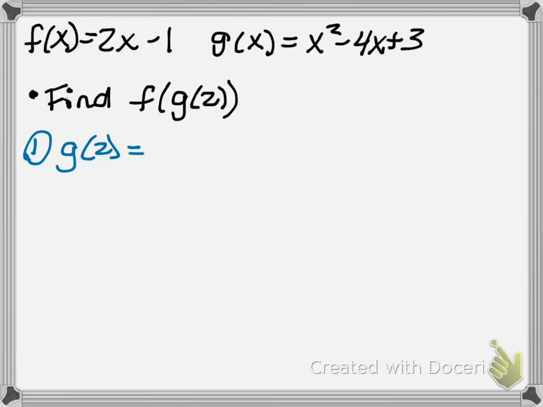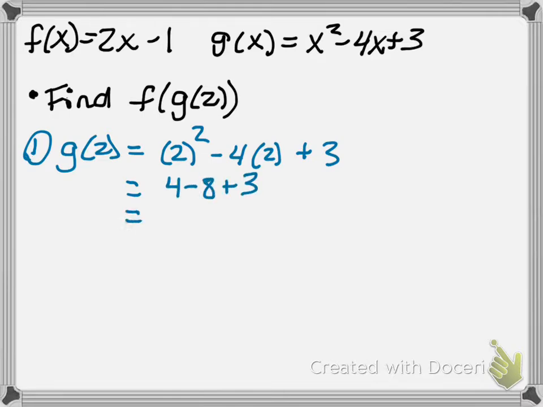From our previous example, to find g of 2, everywhere I see an x in the function g, I'm going to put a 2. So instead of x, I'm going to write the new input, which is 2. To solve, I get 4 minus 8 plus 3, negative 4 plus 3, which is negative 1.